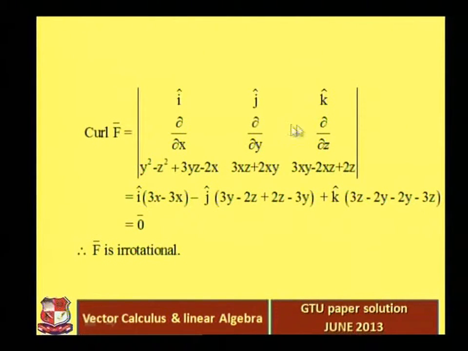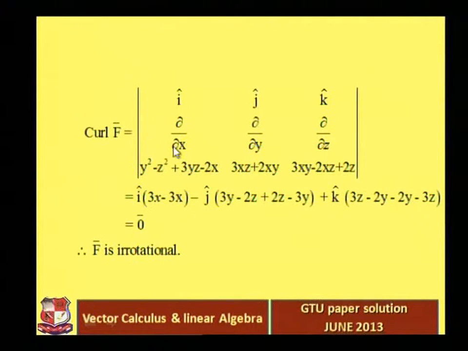And minus k... sorry, minus del by del z of the first term, y cube minus z square plus 3yz minus 2x: the derivative of y cube with respect to z is 0, the derivative of z square is 2z, so minus 2z, minus 2z becomes plus 2z, and then plus 3y. So this term becomes also 0.